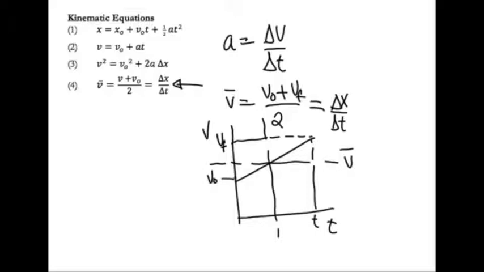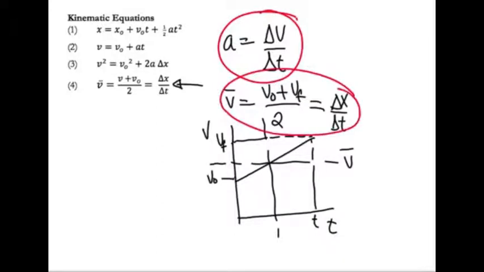So here we're going to start with these two equations right here, the definition of acceleration and the idea of average velocity. And we're going to derive the equations right here. So what we're going to start with is taking our average velocity.